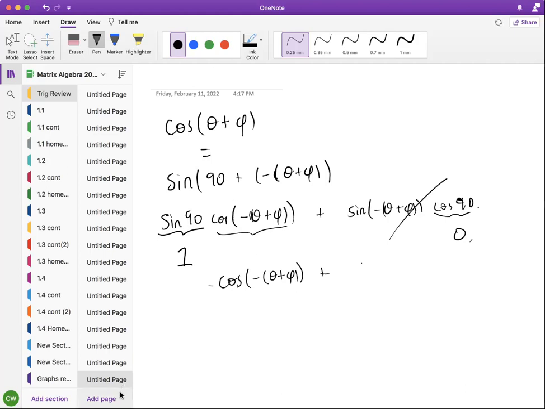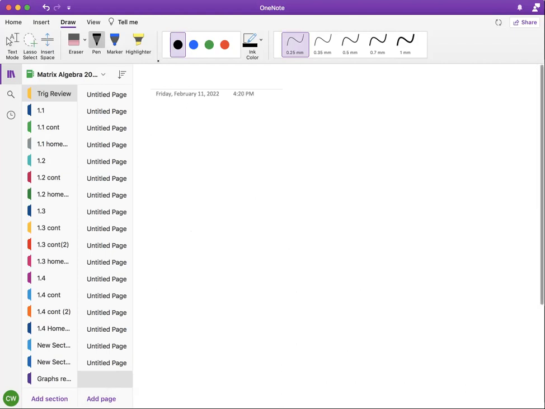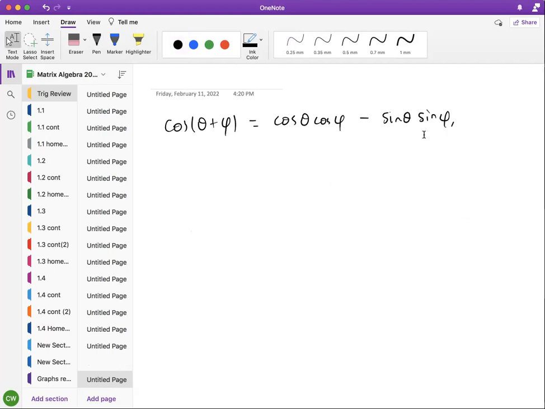So maybe next time I'll go over the proof for cosine, but I'll just give it to you now. Cosine of theta plus phi is cosine of theta cosine of phi minus sine of theta sine of phi. So sorry about that. Next time I'll go over the proof. I thought it was straightforward from cofunctions, but you don't have to know the proof, but I wouldn't feel satisfied just giving you a formula like this.